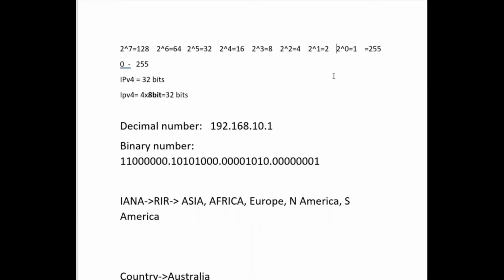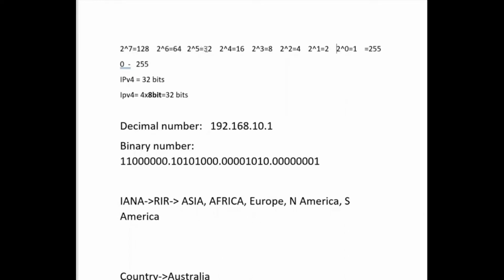Each bit is important. If you want to get 192, we add the values from the left-hand side to the right-hand side. To get 192, we need 128 and 64.